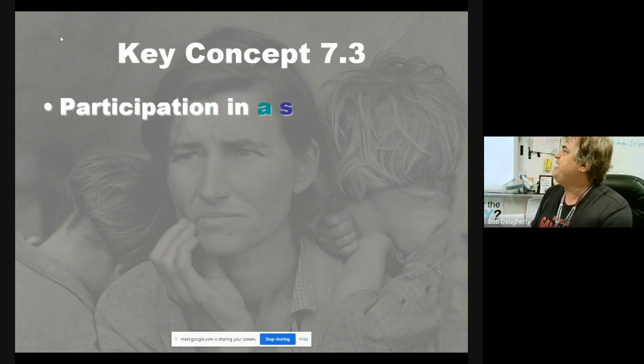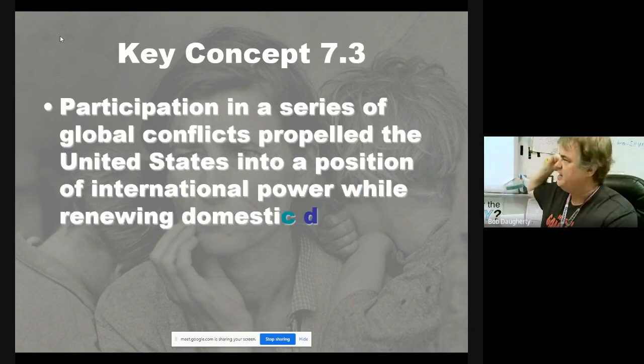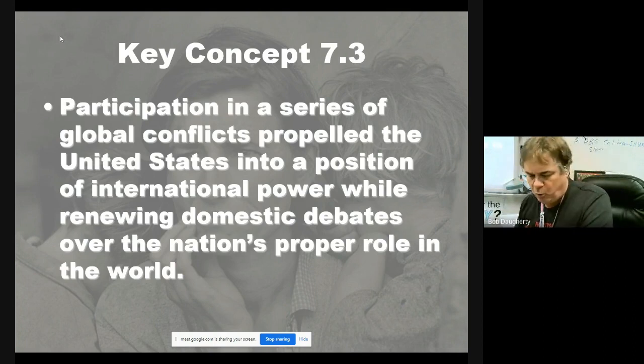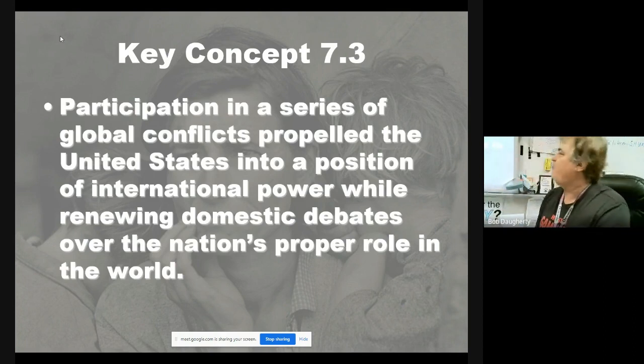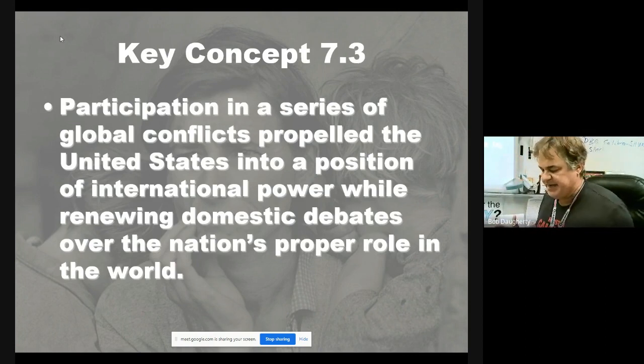All right, the AP concept, y'all, remember, is one that you guys have had throughout period 7. You've had it for the Spanish-American War, you've had it for World War I, and you've had it now for World War II. You don't need to necessarily write this down, but remember, America is battling this idea of being isolationistic, right?